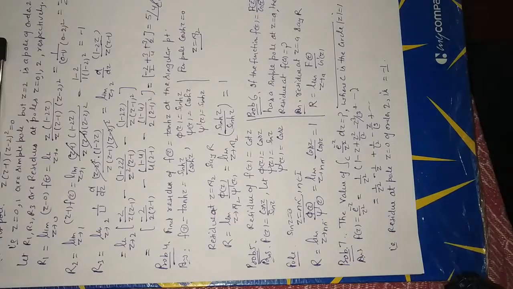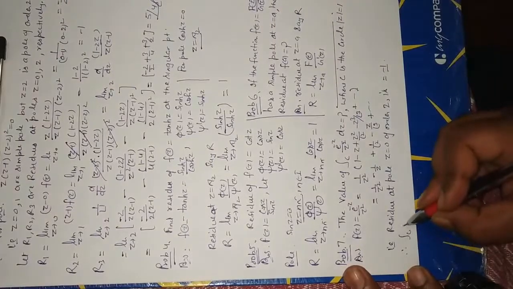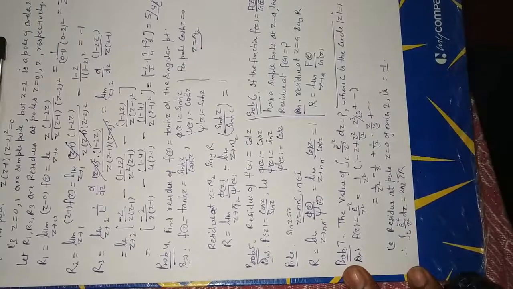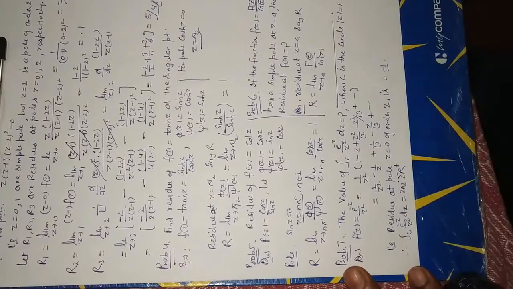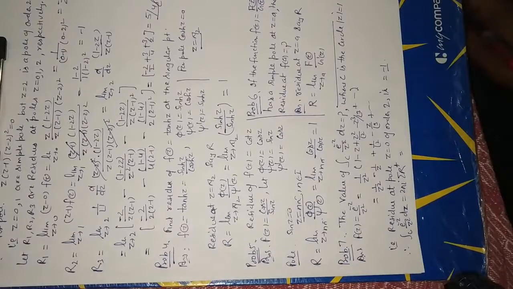Since z is equal to 0 is a pole that lies in the circle, now we can apply the residue theorem. Integration over c of e to the power minus z upon z square dz is equal to 2 pi i times the summation of residues at the poles which lie in the circle C. Now here there is only one pole, z is equal to 0 of order 2.